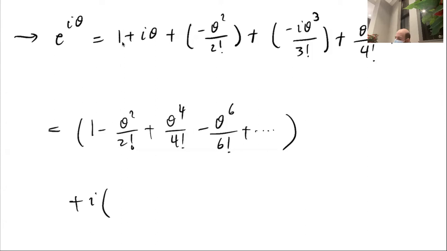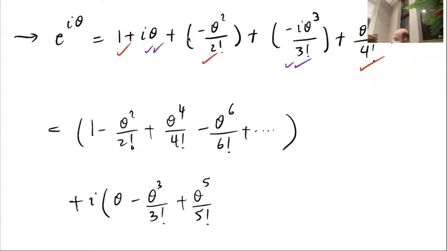So these terms, I regroup them together, these ones. And now I want to regroup these terms together, plus the next ones. So from the first one, theta will be left. And then minus theta to power 3 over 3 factorial plus theta to power 5 over 5 factorial.